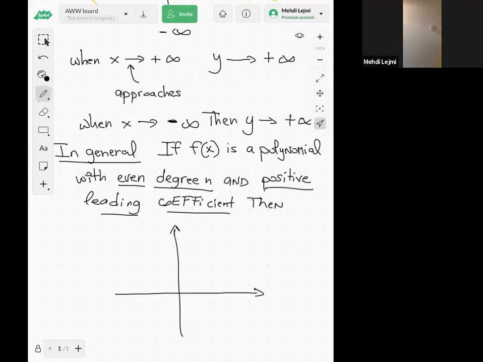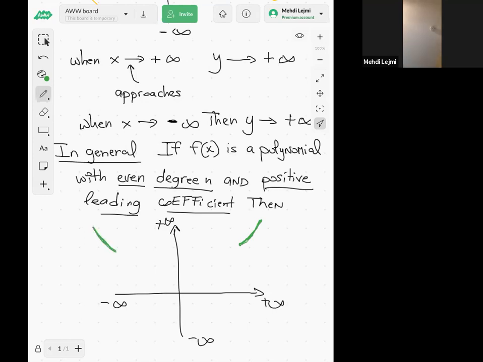here's my positive infinity, here's my negative infinity. At positive infinity, when x goes to positive infinity, y goes to positive infinity. Which means that at positive infinity, the graph looks like this part here. And at negative infinity, when x goes to negative infinity, y also goes to positive infinity. So at negative infinity, the graph is going to look like this here.